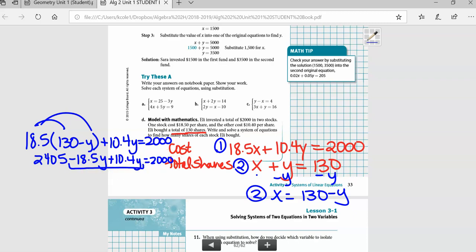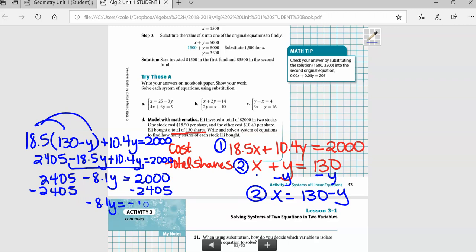Negative 18.5 plus 10.4 gives me negative 8.1y. Bring down my 2,405 equals 2,000. I'm going to subtract 2,405 from both sides. So I get negative 8.1y equals negative 405.